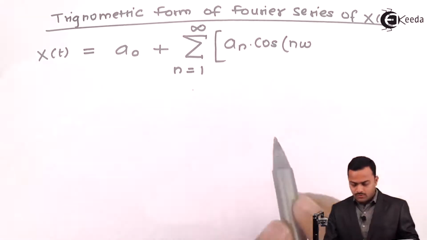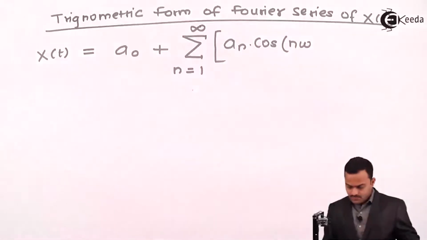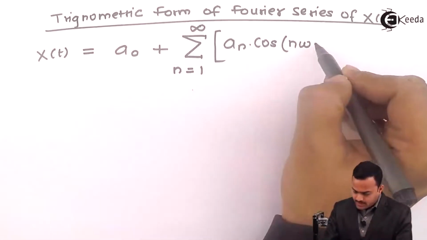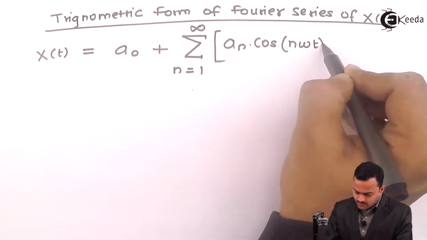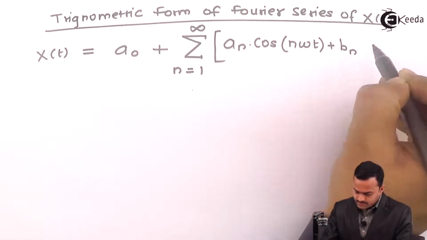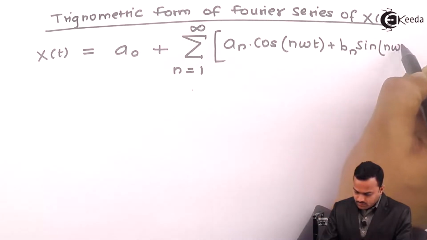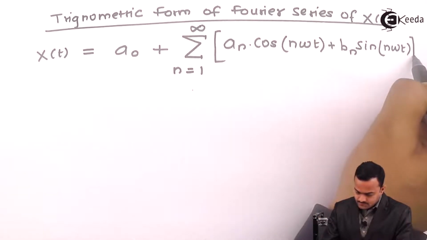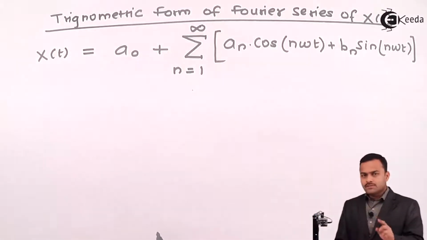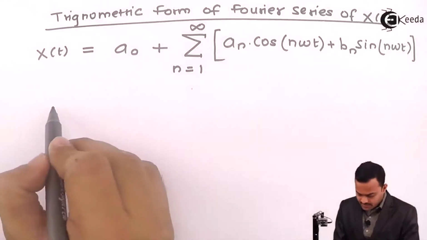Whatever we have calculated over here is nothing but the fundamental frequency. So our job is to get a0, an and bn.